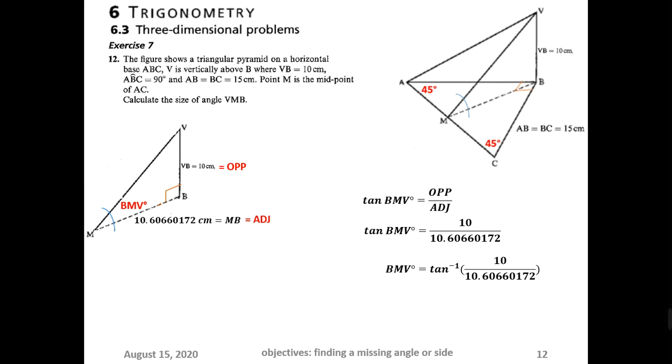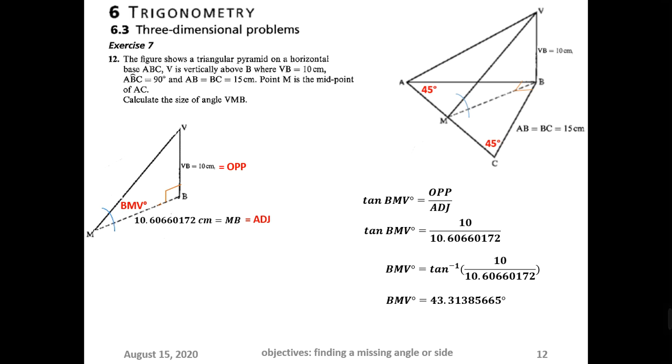In the calculator, to get the tan inverse, you press shift and tan. A bracket will open. Press the fraction button, put the 10 in the upper box and the 10.6 in the lower box. Don't forget to close the bracket and press enter.